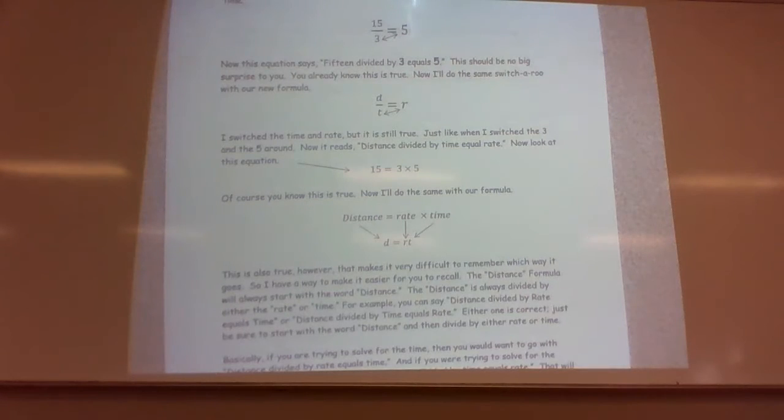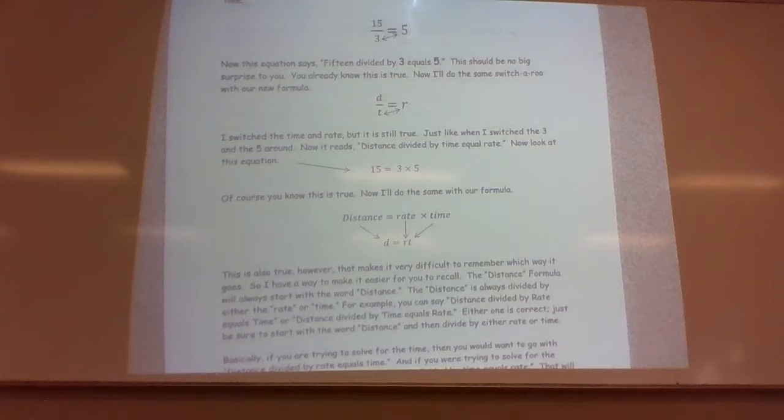So as in many applications in not just algebra, but in math in general, the numbers are interchangeable. We know that we are working on the inverse operations. The inverse operation of multiplication is division, and the inverse operation of division is multiplication.